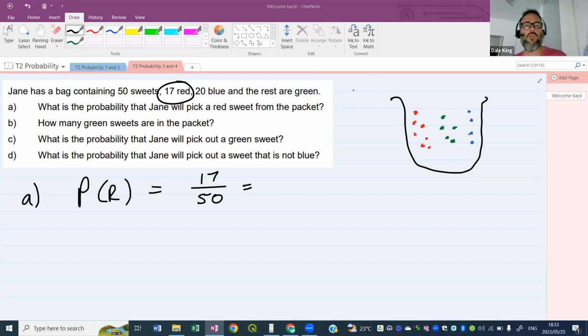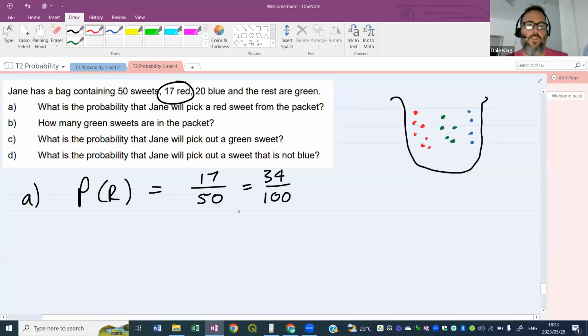Yes, guys, you got it. You're on the money. Who can tell me what this is as a decimal? You shouldn't even need a calculator, but you can use your calculator. Who can tell me what this fraction is as a decimal? Because this is the same as 34 over 100.